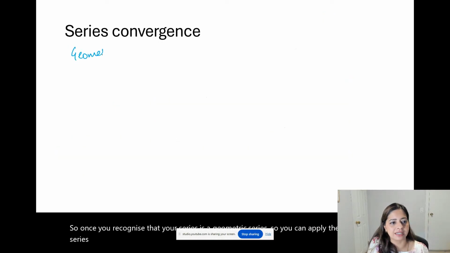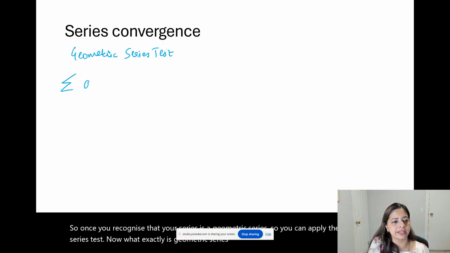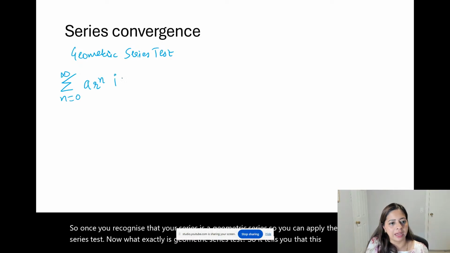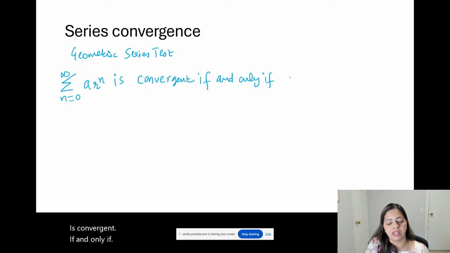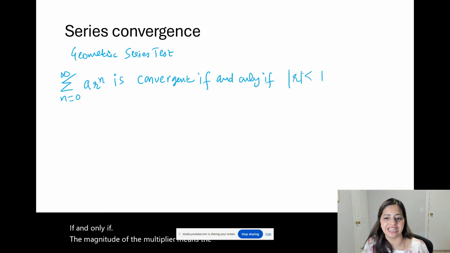Now, what exactly is the geometric series test? It tells you that this series is convergent if and only if the magnitude of the multiplier, meaning the absolute value of r, is less than 1. So it's an if and only if situation.